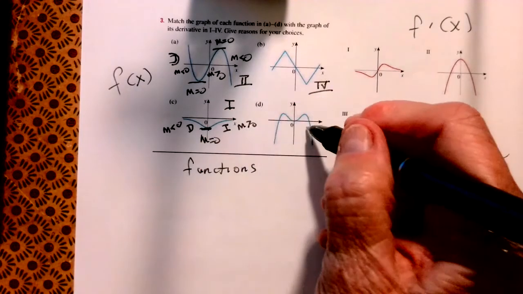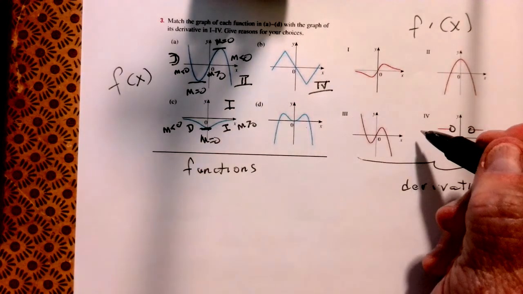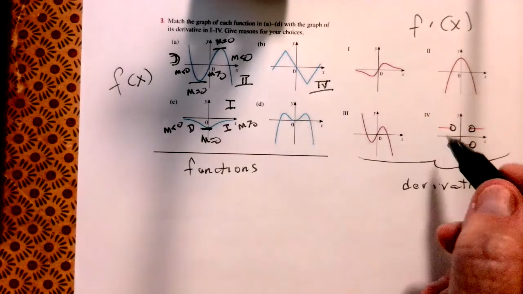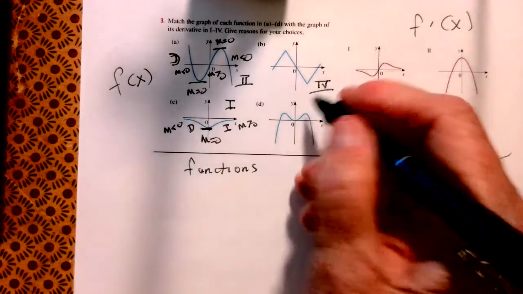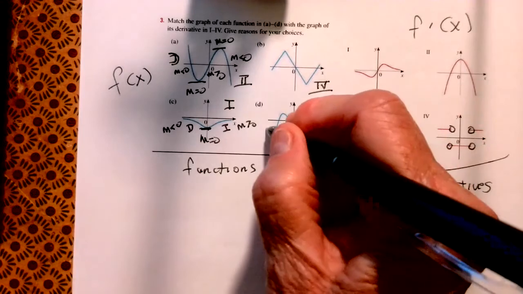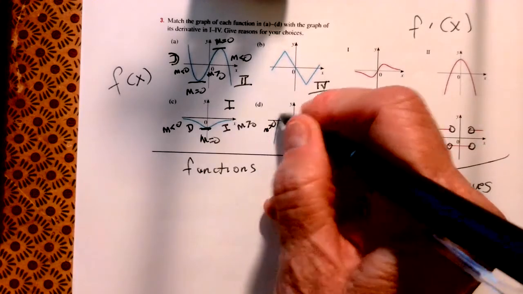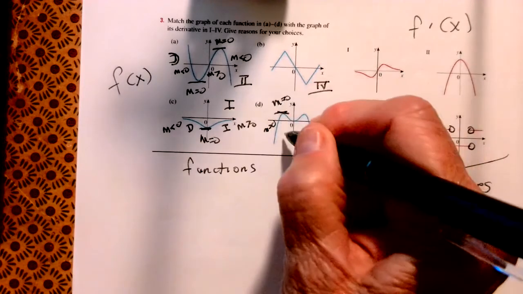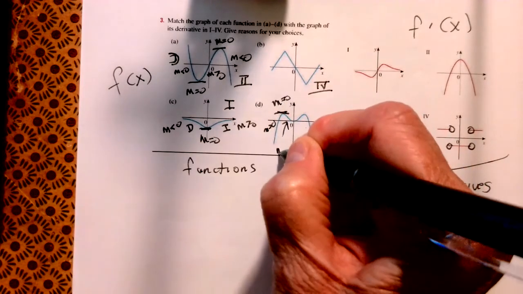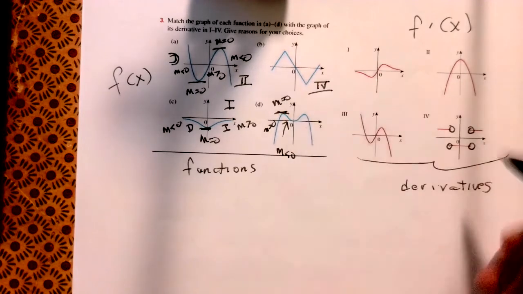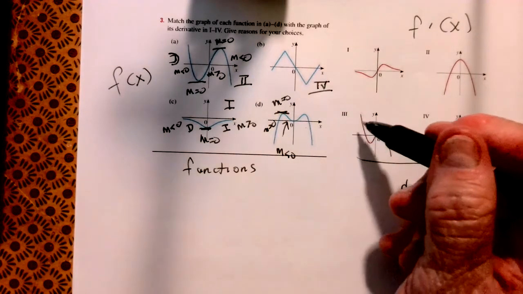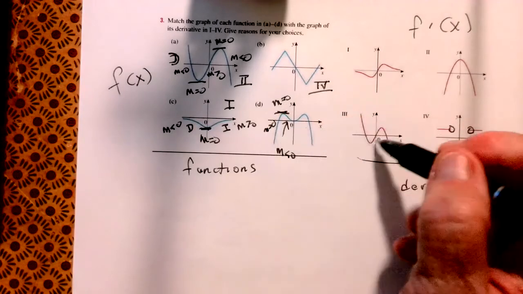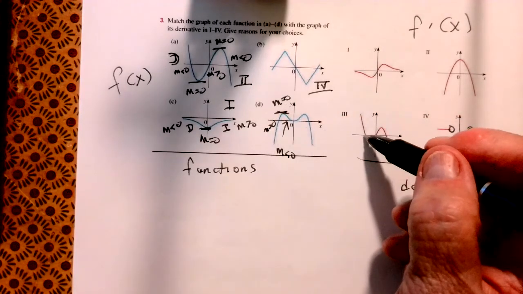And then this one, of course, we can figure out it's 3 by elimination, but let's just look at this. It's increasing right here. So its slope's going to be positive. Slope's going to be 0. And then slope's going to be negative. And then on and on like that. So if we look at 3, it's going to start out with the slope being positive, so above the x-axis.